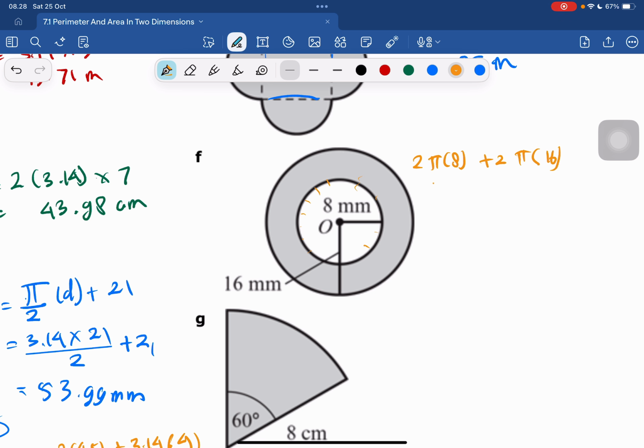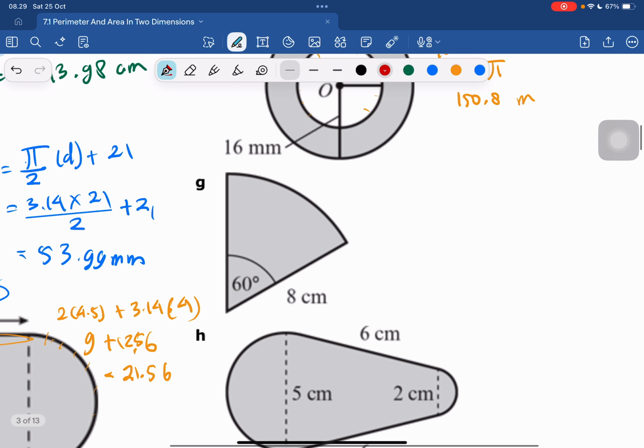So this is going to be 16 pi plus 32 pi. So this is 48 pi. Pi is 3.14. So we multiply 48 by 3.14. The answer is going to be 150.8 meters.